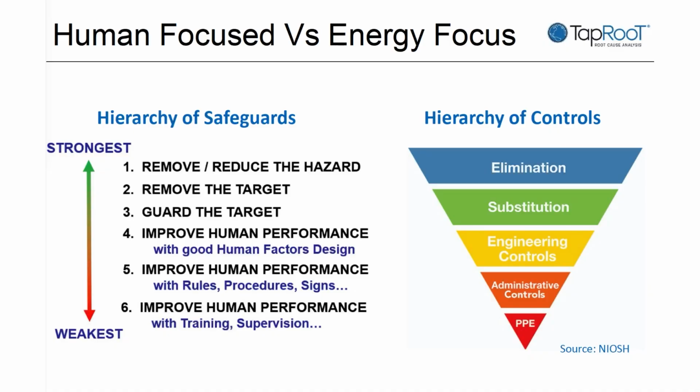When you look at the hierarchy of controls, oftentimes people say PPE is the weakest in the hierarchy of controls. However, when you think about safeguards and effectiveness of safeguards, there is not a safeguard out there that doesn't rely on people in some capacity to maintain it and operate it.